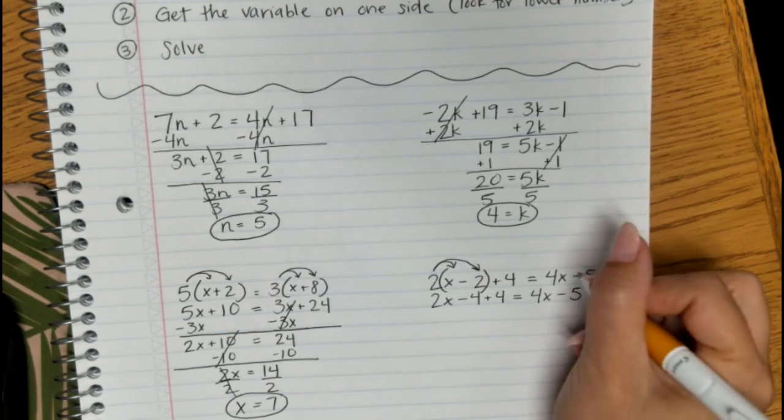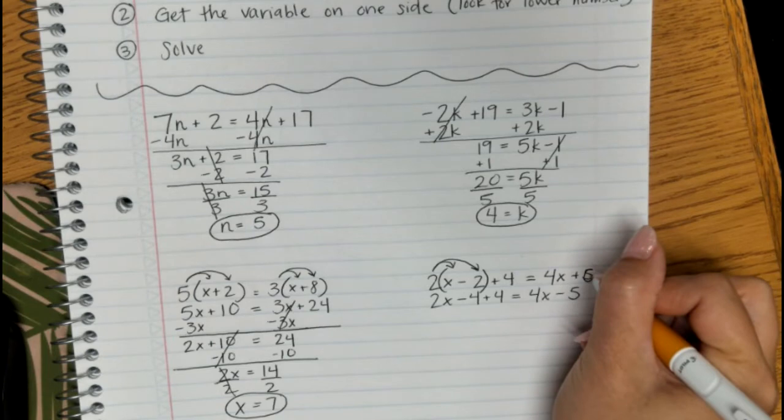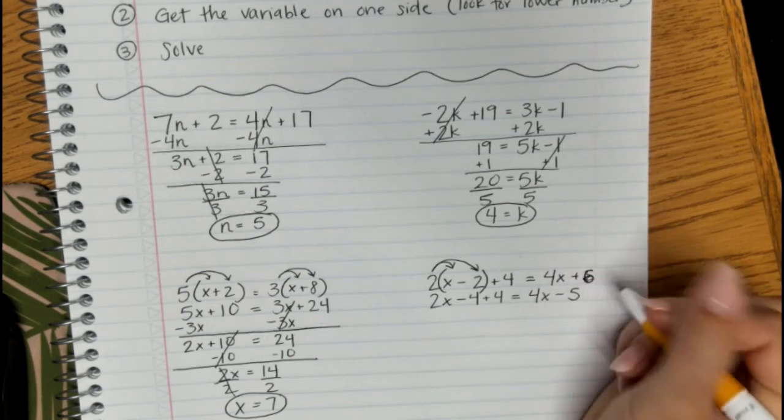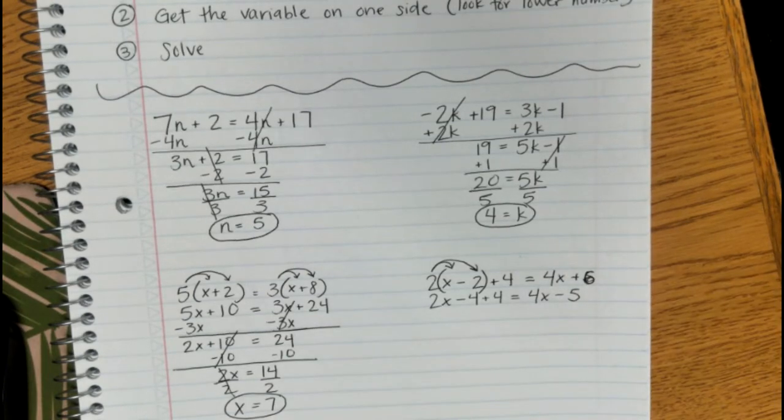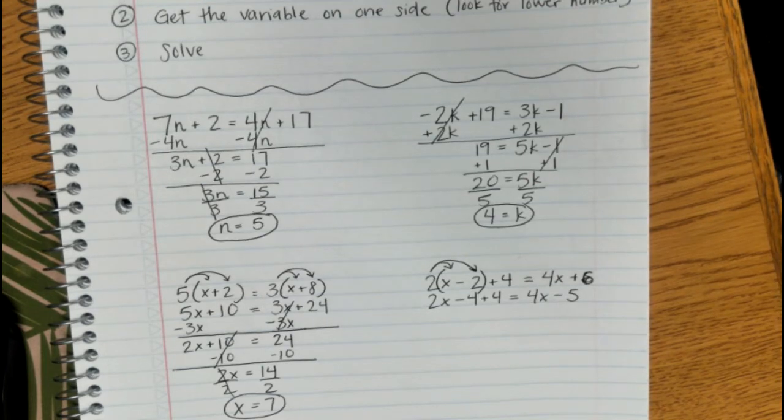All right, I think I figured out how to make this work. Let's change this to a plus 6. Sorry, you're going to have to erase. And we're also going to change this.